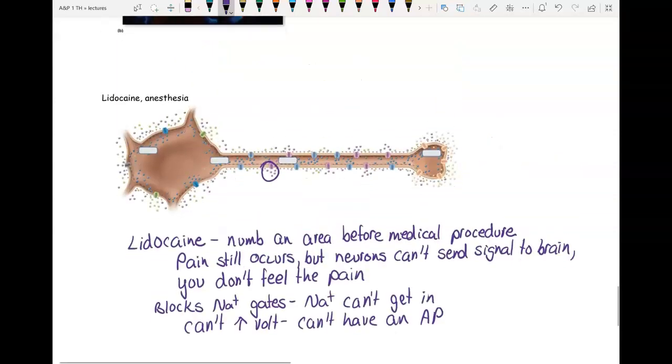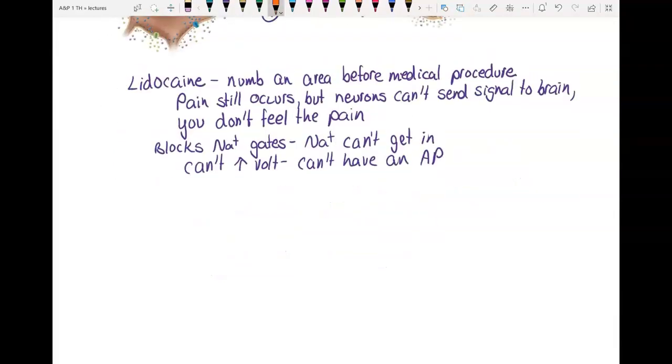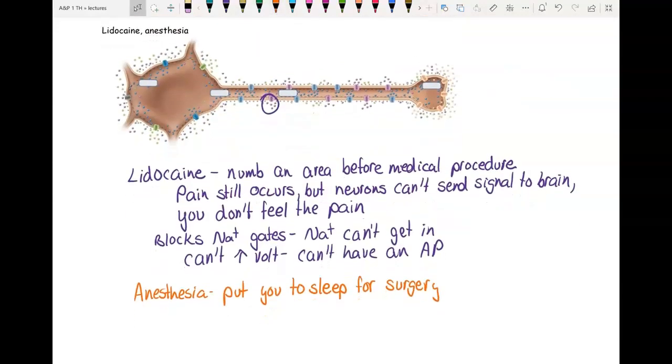The other one is anesthesia. This is what puts you to sleep for surgery. So again, you want to stop the neurons from being able to signal.